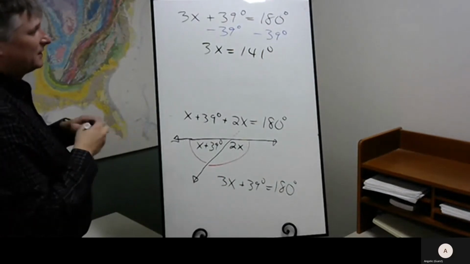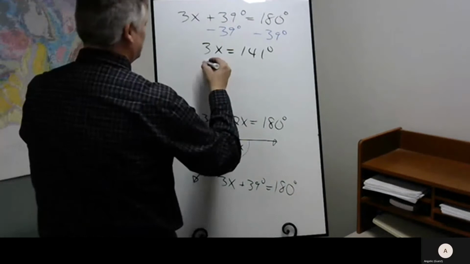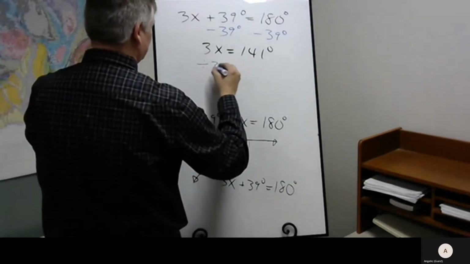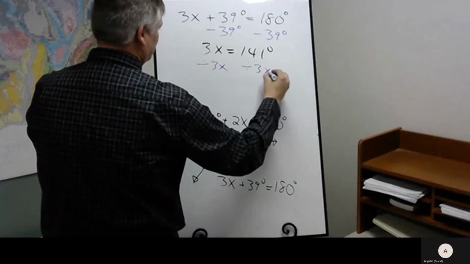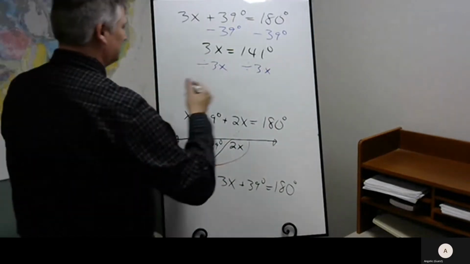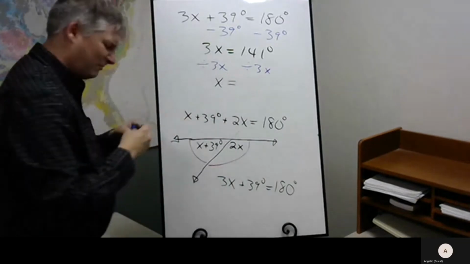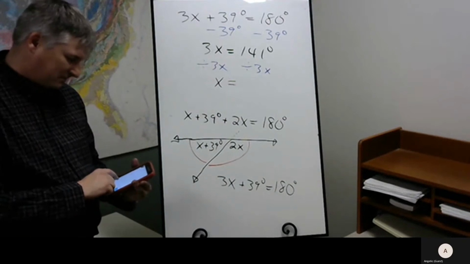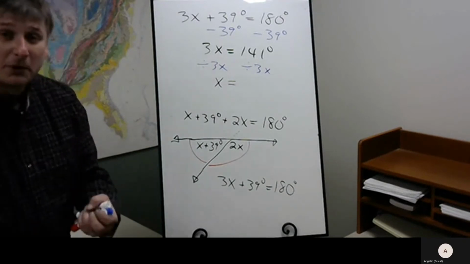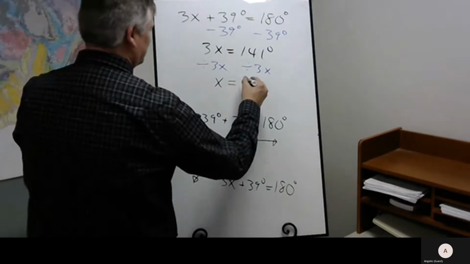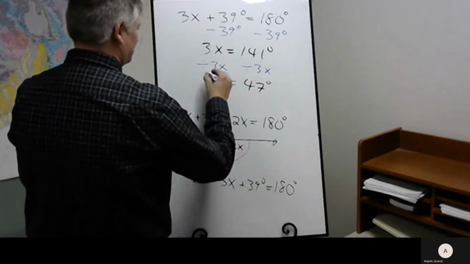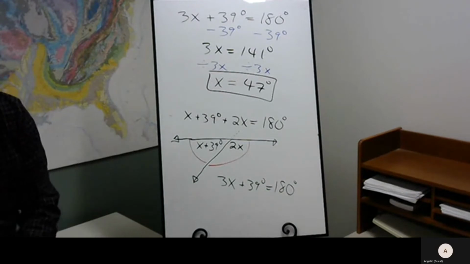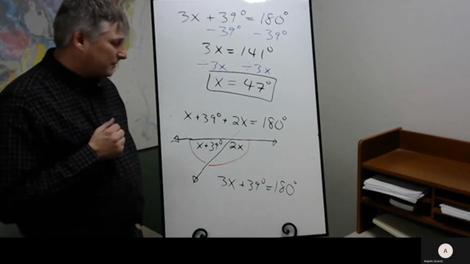Divide both sides by 3. That's 141 divided by 3. 47. So that's going to be our answer.